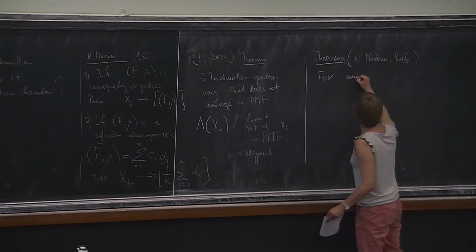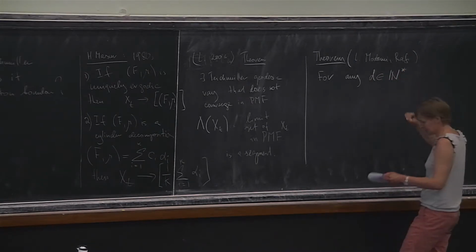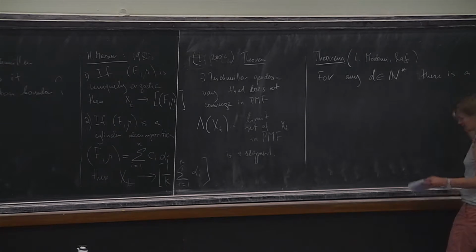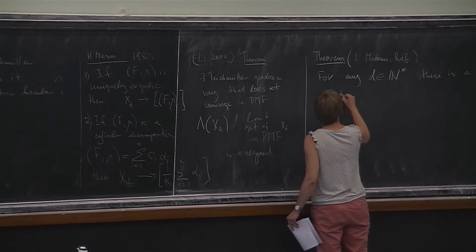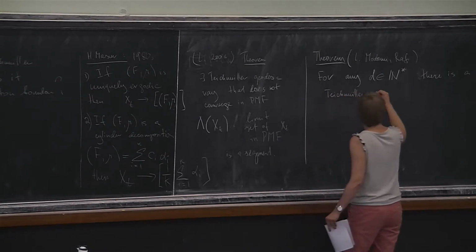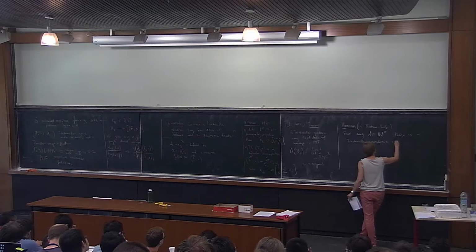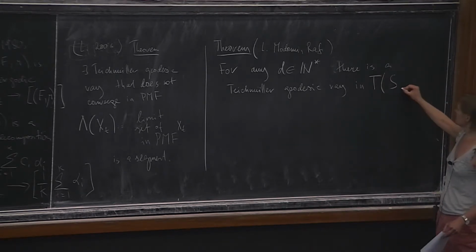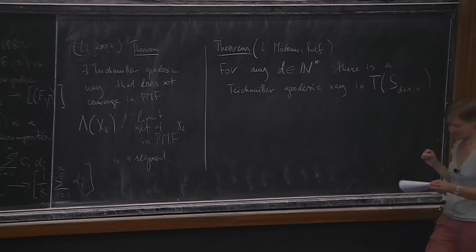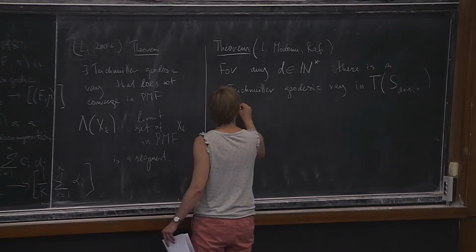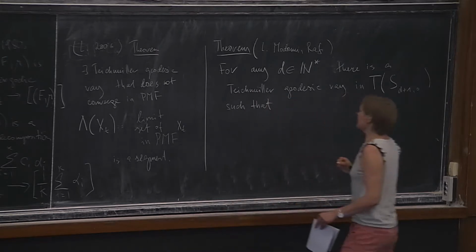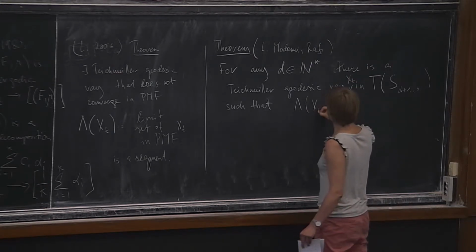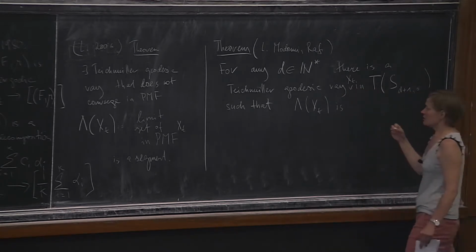So for any d, there is a Teichmuller geodesic ray, and just to not confuse anybody, in the Teichmuller space of a surface of genus d+1, such that the limit set of that ray is d-dimensional.